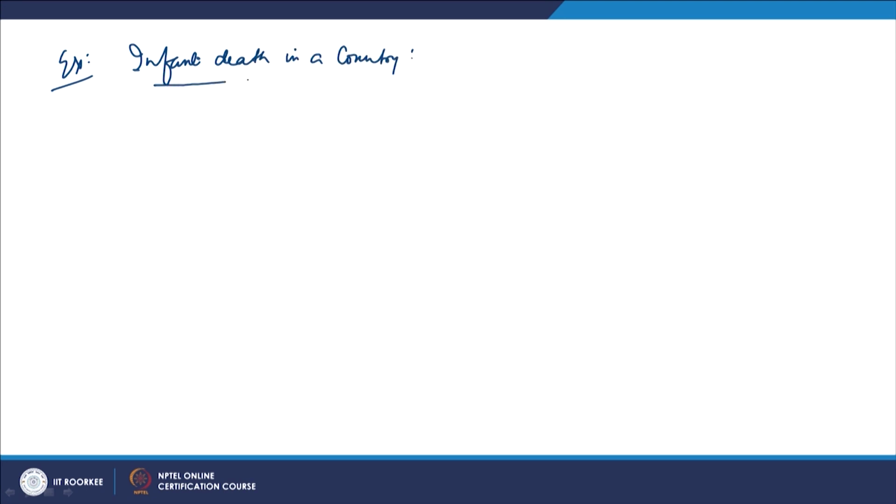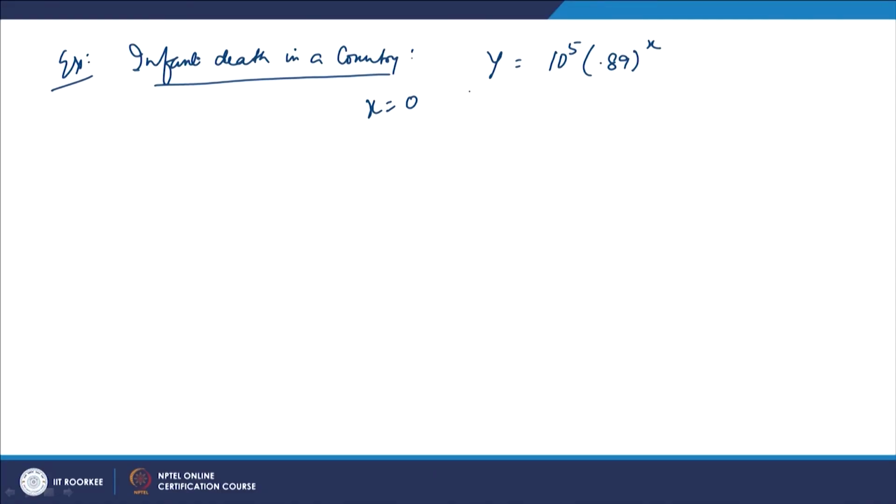In those cases, if that is being predicted or estimated by the function, the function becomes 10 raised to the power 5 into 0.89 raised to the power x. When x is 0, it is the reference year. This is a reference to any year.